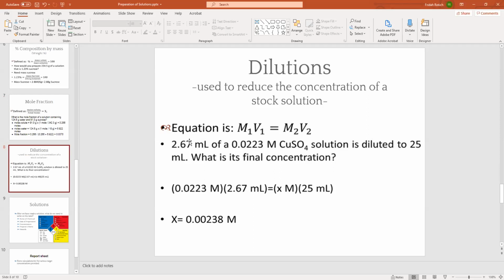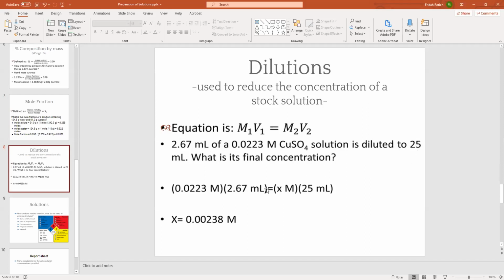So for example, here you're told that 2.67 milliliters of 0.0223 molar copper 2 sulfate solution is diluted to 25 milliliters. So our initial volume here is 2.67. Our initial concentration is 0.0223. So if you multiply these two numbers, we should be able to get the same value as multiplying the final volume times the final concentration.